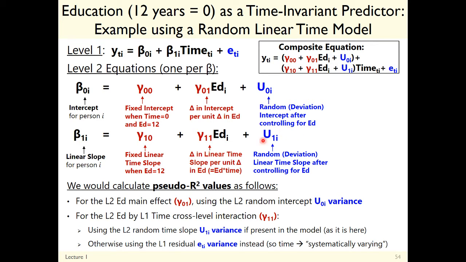So if we have then this random slope here, ed by time predicts it. If this random slope were not here, ed by time would predict E instead, because this random slope would have come out of E in the first place. So pseudo R-squared gets a little tricky when it comes to cross-level interactions.